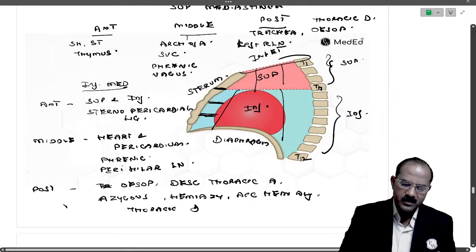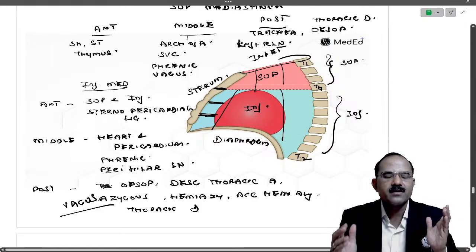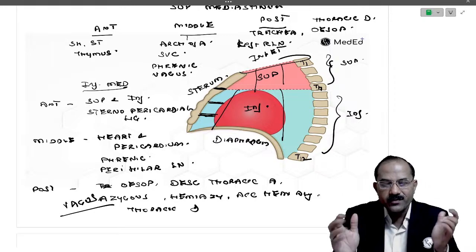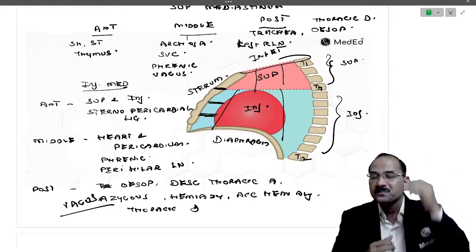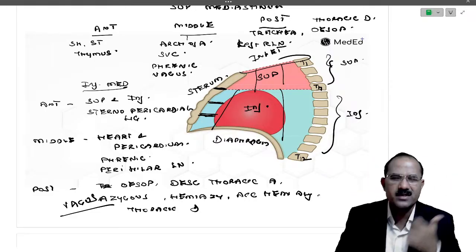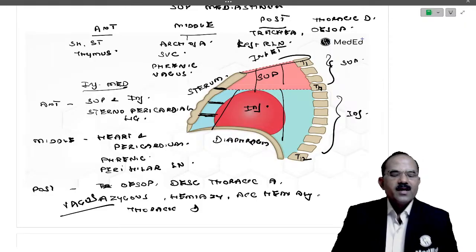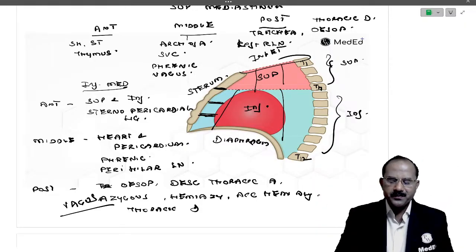Sorry, the trachea is gone; esophagus. The descending thoracic aorta, the azygous vein, the hemiazygous, the accessory hemiazygous vein, the thoracic duct, and the vagus nerve. Perfect. Just remember all this.